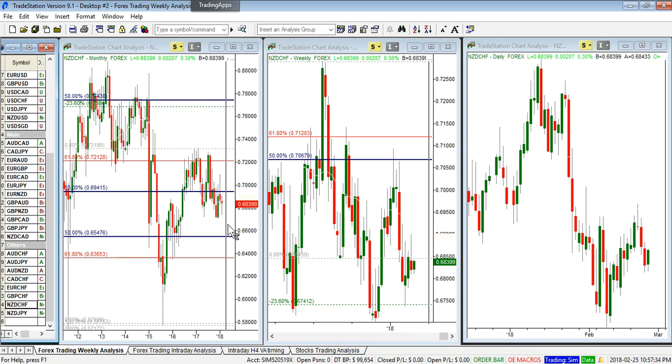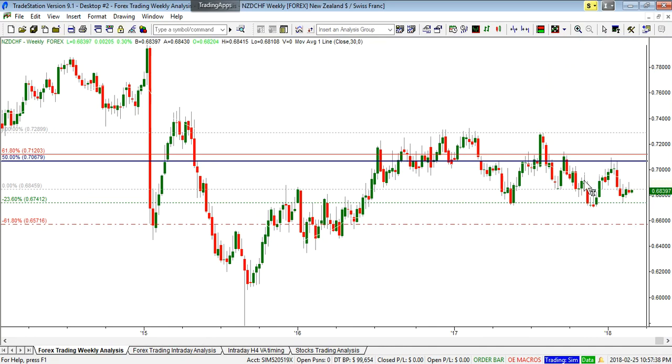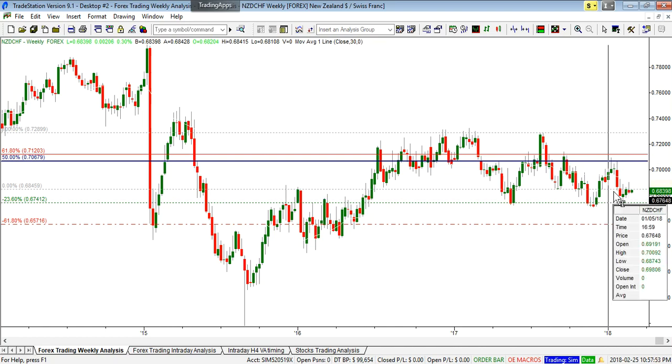All right, the New Zealand dollar Swiss franc has traded a 50% short here from highs to lows, and that's a level that came into play again from highs to previous lows that was broken here, even after hitting that first target. The reason for this behavior is that this market is anyways in a range.